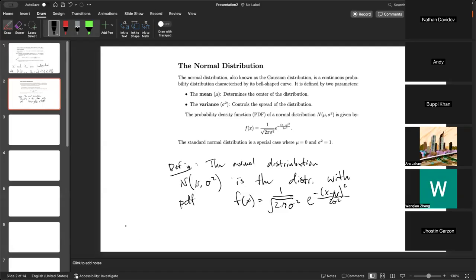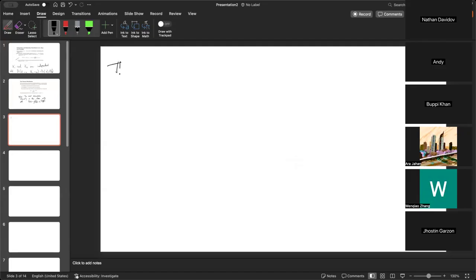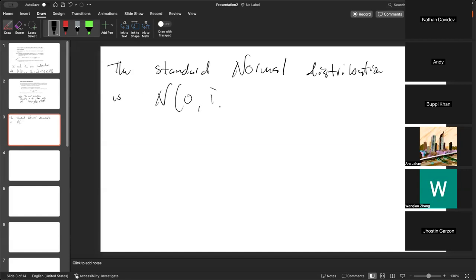Okay. So here's an example. The standard normal distribution is N(0, 1).